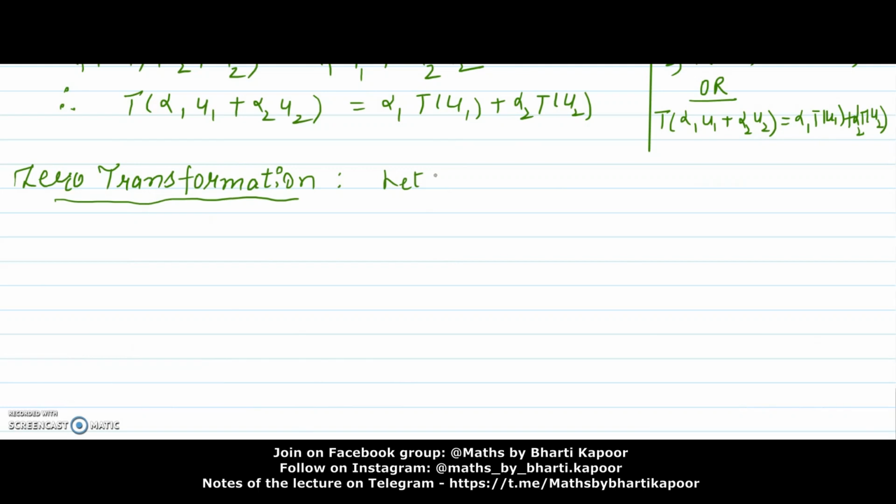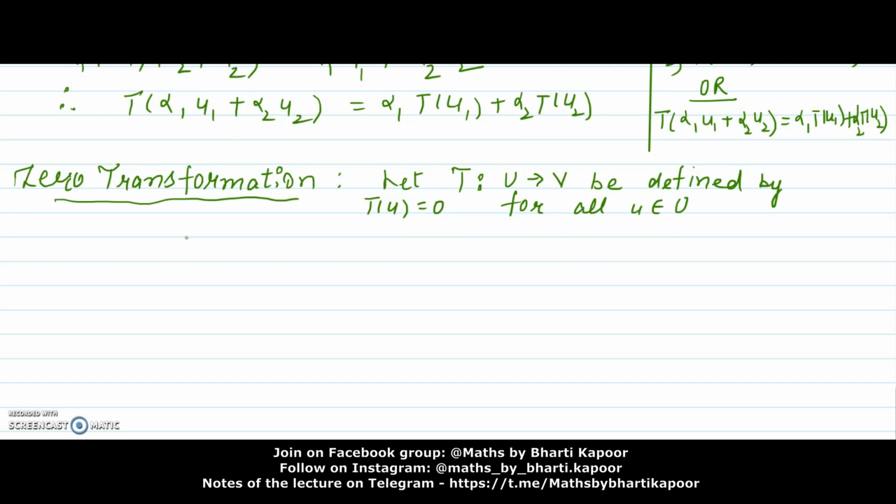Next is the zero transformation. Let U and V be two vector spaces and T from U to V be defined by T of U equal to 0 for all U. That means the image of every element of the domain U is 0.